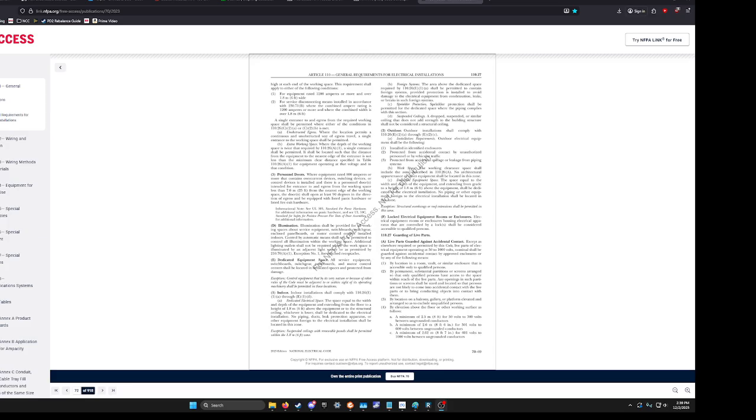However, you need to have some sort of means to control those lights. Hold on, let me reread that. Okay. Yeah. Control by automatic means shall not be permitted to control all illumination.